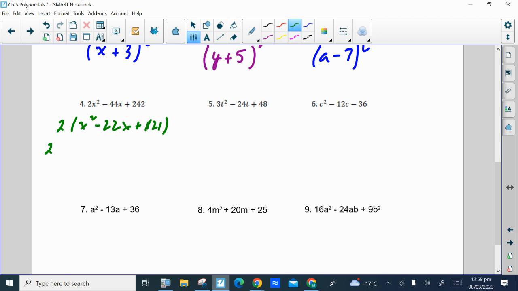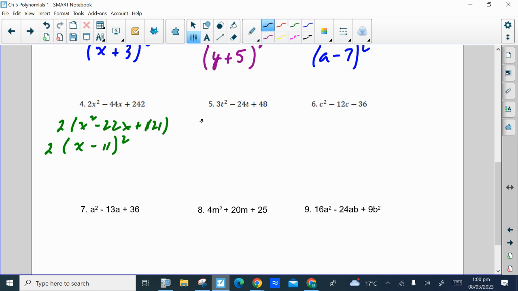And that might be a perfect square trinomial because the square root of x squared is x, the square root of 121 is 11. If you multiply these together and double, you do get 22x. And because it's a minus 22x, the factors are x minus 11 all squared. Don't forget about the common factor at the start though, right? That's one of your factors.